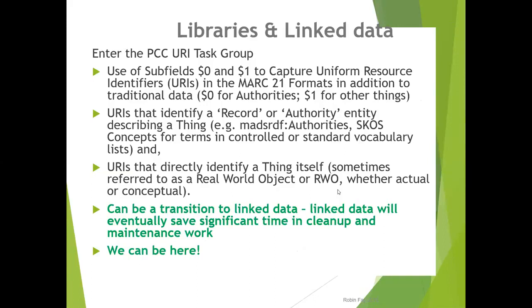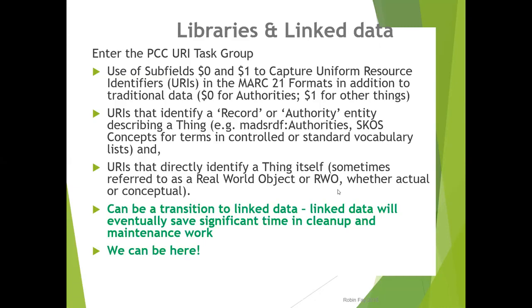We've already talked a little bit about this, but there is a PCC URI task group, and this is really where we're starting to look at the linked data aspect of where we can put those fields into records. And so subfield 0 and subfield 1 have been identified as potential places where you can put a URI. Subfield 0 is for authorities, which means that the PCC actually has a list where they've identified authorities, so Library of Congress subject headings, names, that kind of thing.